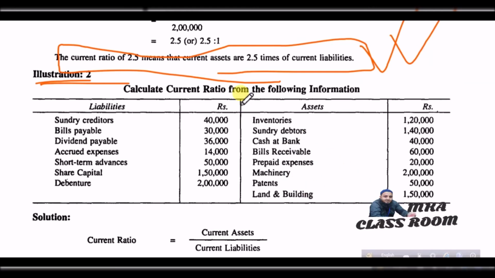So from this you have to find out which are the current assets and which are the current liabilities. Then it is easy for you to calculate the current ratio.